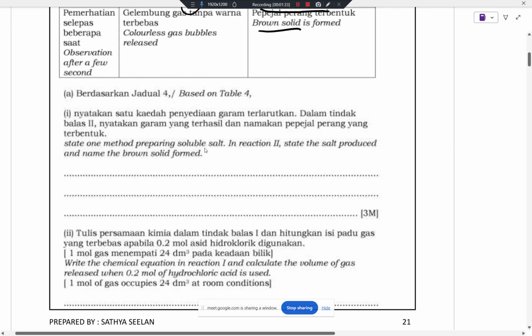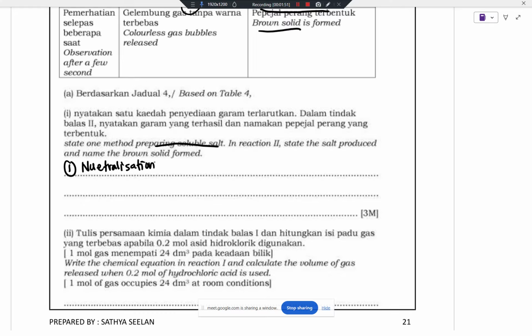Okay, now state one method of preparing a soluble salt. Of course neutralization, but there are more ways to prepare a soluble salt. First one is of course neutralization, where acid and alkali react together producing the salt, soluble salt especially.